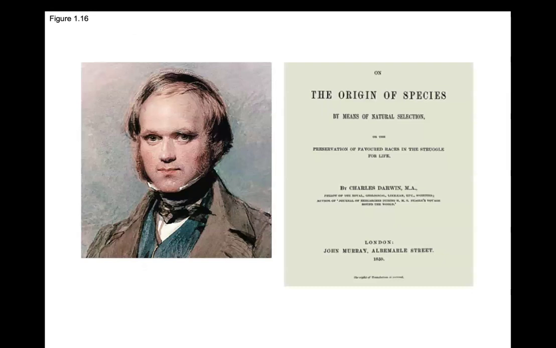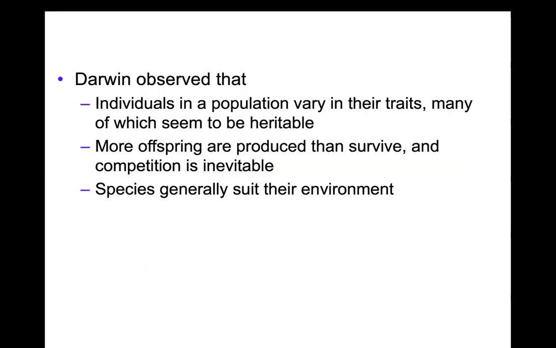If you've never read this book or this paper, it's actually worth a read, especially if you are interested in learning a little bit more about evolution, as a lot of his theories still hold up today. Darwin observed that individuals in a population vary in their traits, which seem to be heritable, meaning that they're passed on from one generation to the next.